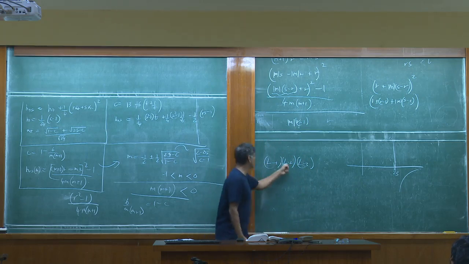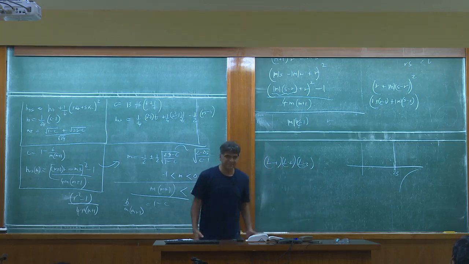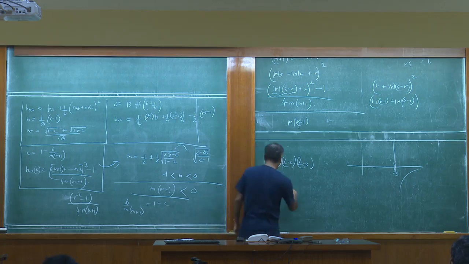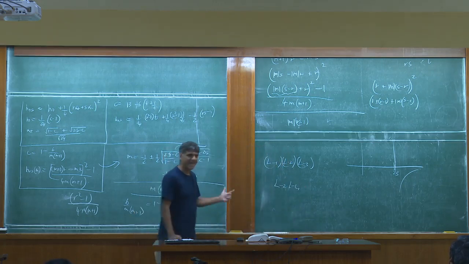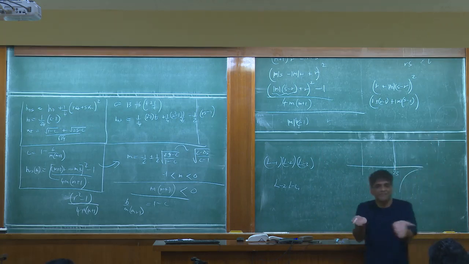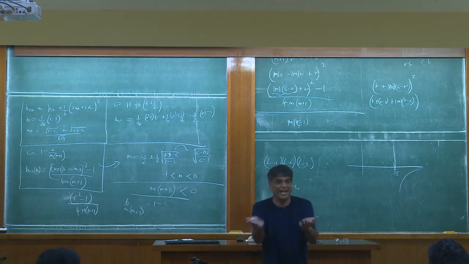This is something I'm going to call a state of length 3 because I've got 3 L's in it. On the other hand, at the same level, I could have L minus 2, L minus 4. I will call this a state of length 2.